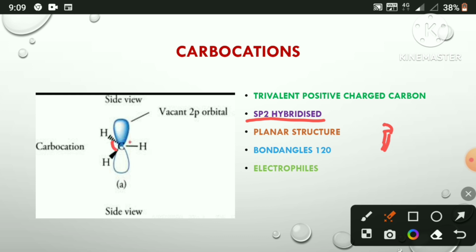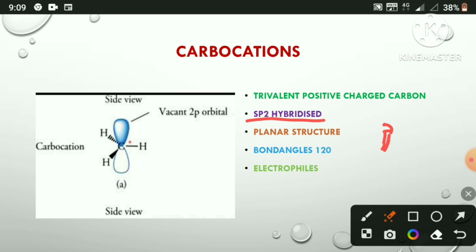It has a 120 degree bond angle, and due to the positive charge, carbocations act as electrophiles. So this is the carbocation structure, a planar carbocation structure.